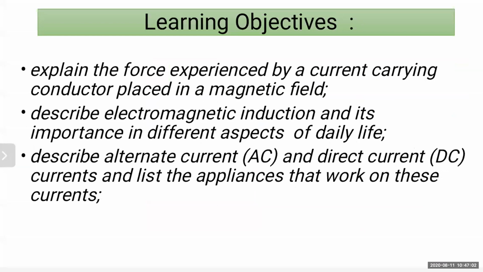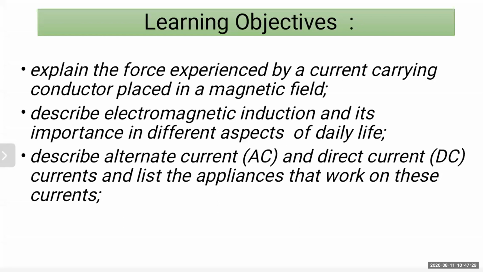Describe electromagnetic induction and its importance in different aspects of daily life. Next objective is to describe alternate current and direct current and list the appliances that work on these currents. So these are three objectives.